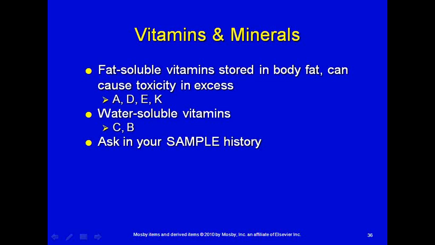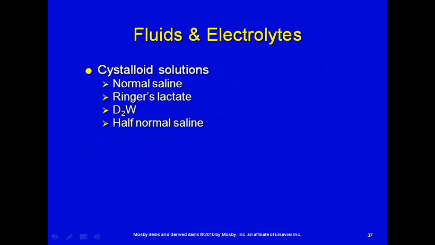There are also water-soluble vitamins like vitamin C and vitamin B. When you get your SAMPLE history and you're asking, do you take any medications, it's important to include over-the-counter medications and herbal remedies.